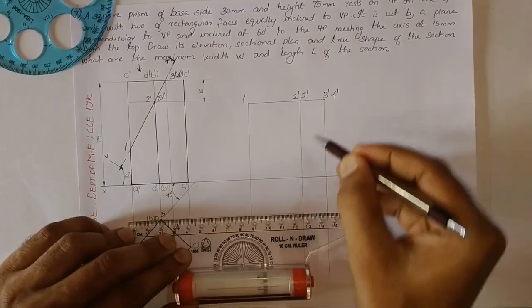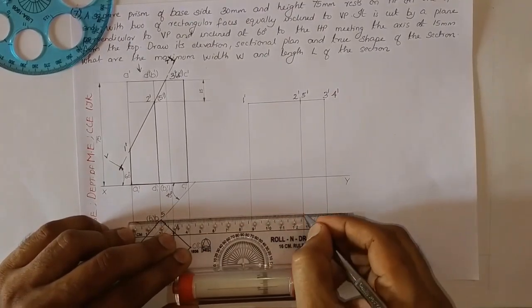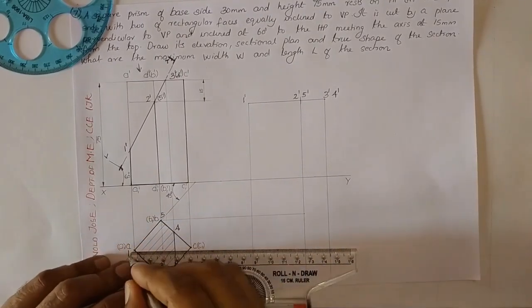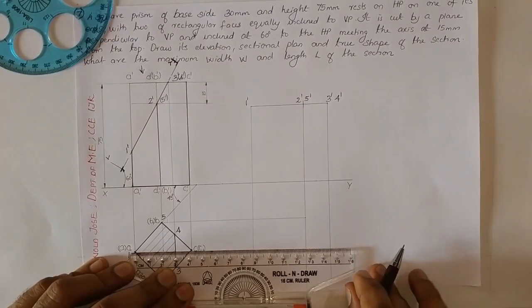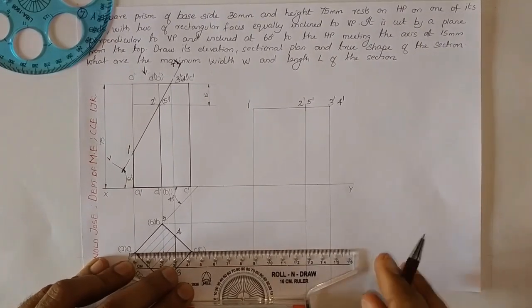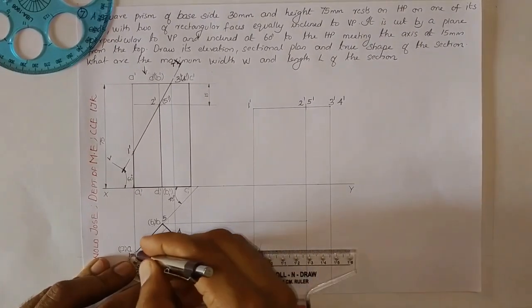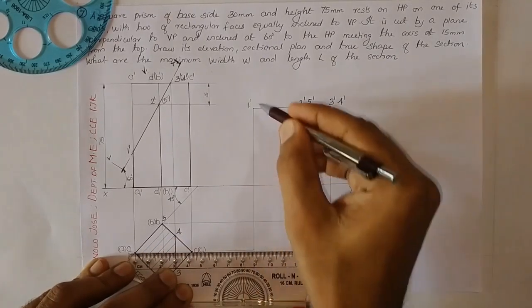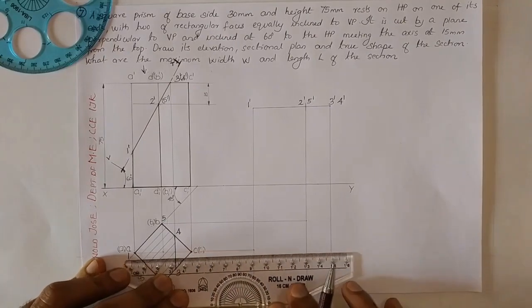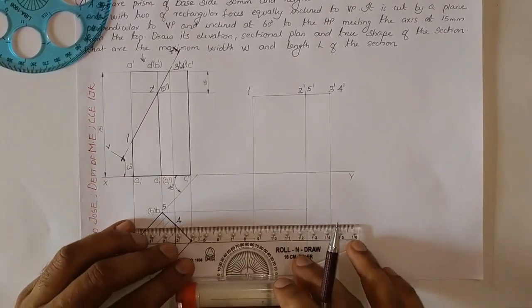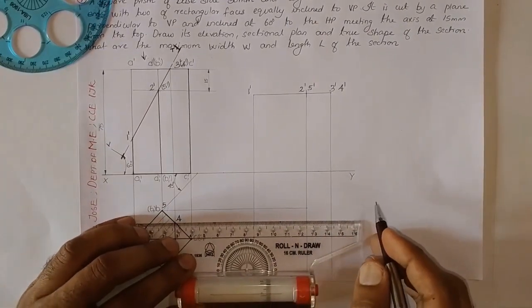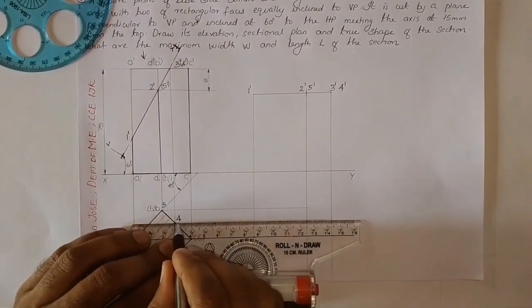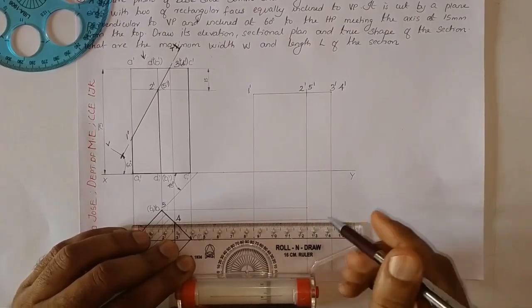So this is 5 and this is also 5. So this will be 5 here. This is 1. So this will be 1. So this is 4 and this is also 4.